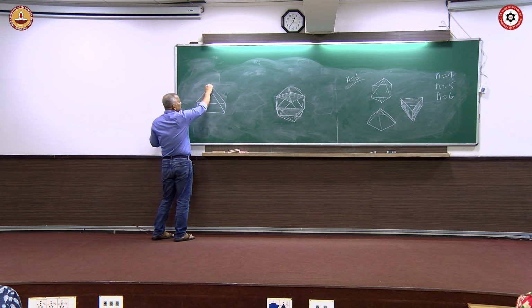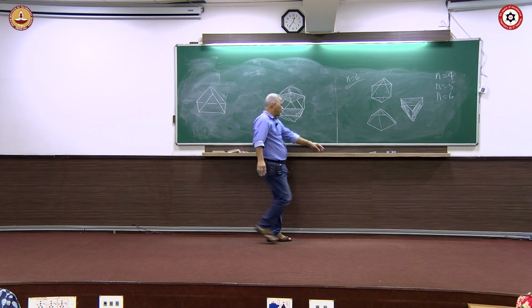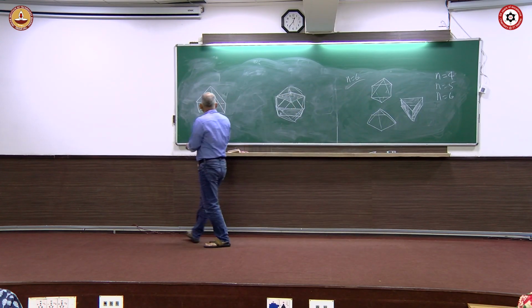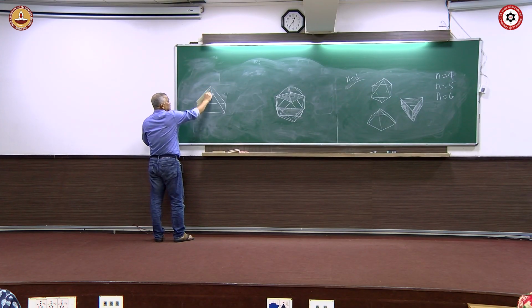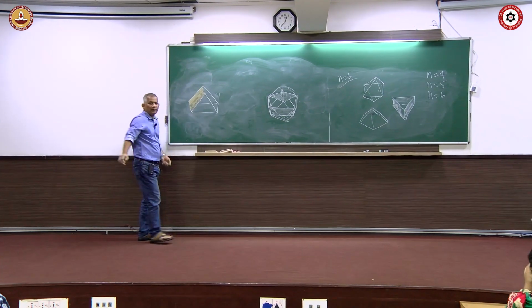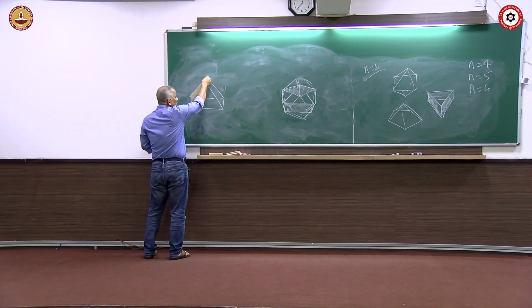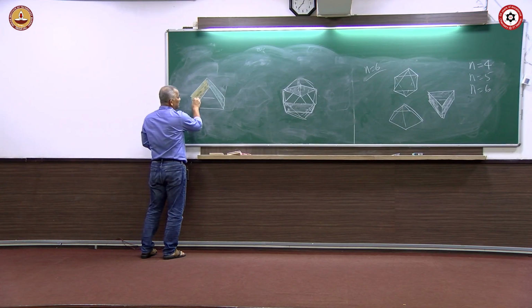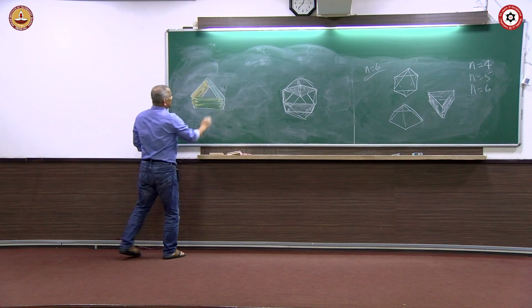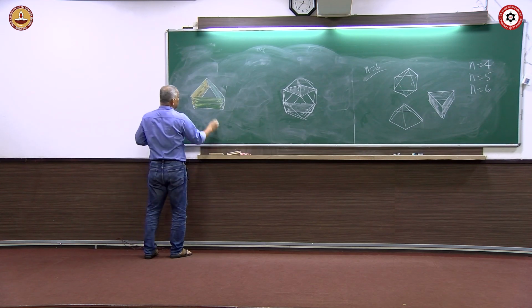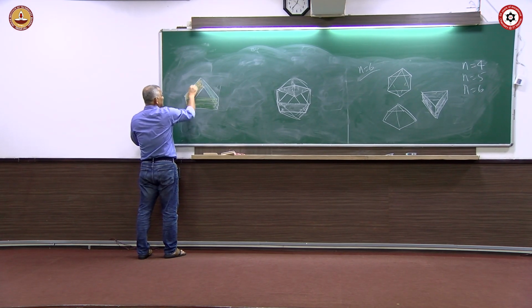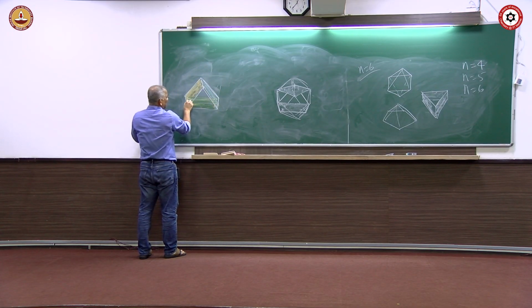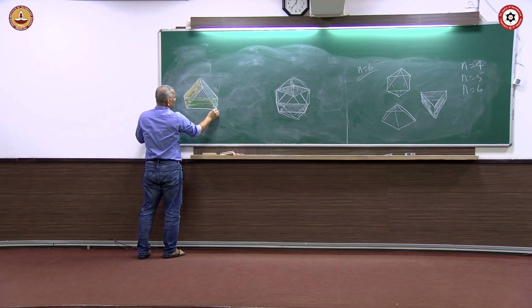Trigonal prism: what you have here is three square faces. 3 square faces: 1 here, 2, and 3.